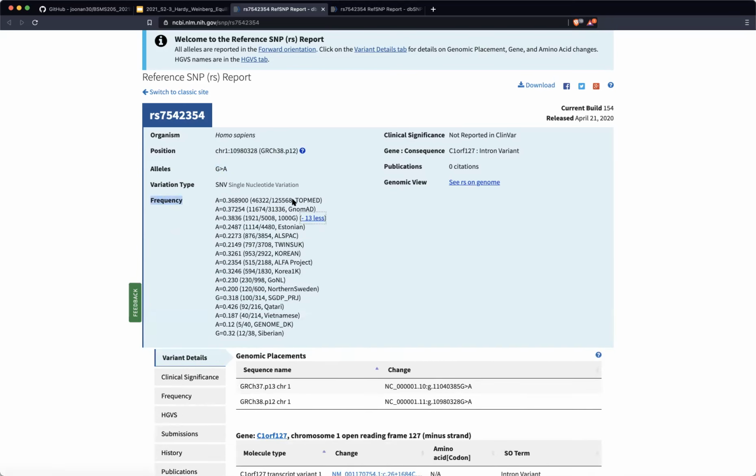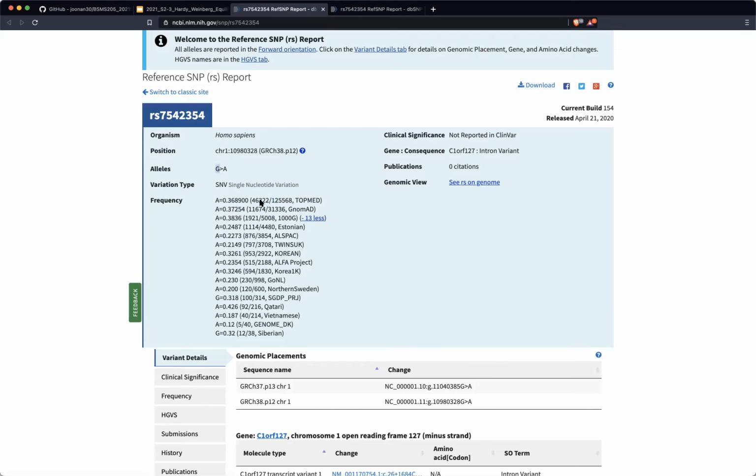So this is the frequency report. There are tens of reports about the frequency. According to TopMed, the data source, they looked at almost 120,000 alleles, and out of that 30–60% has the A allele, right? So the rest, 70%, has the G allele.